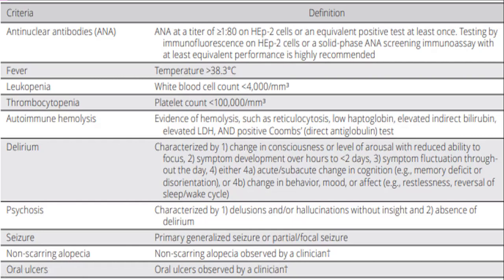Now, the patient may also manifest with delirium, psychosis, seizure, alopecia, and oral ulcers. So that same patient that I mentioned to you was admitted due to fever. Why? Because remember, these patients with SLE are immunocompromised.